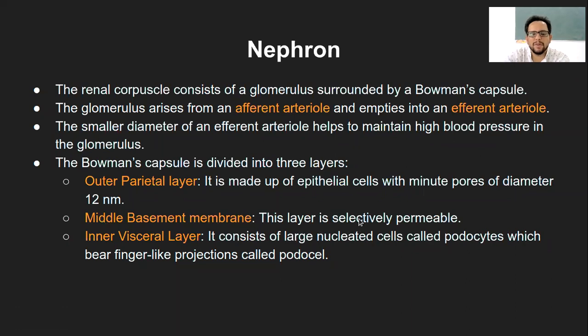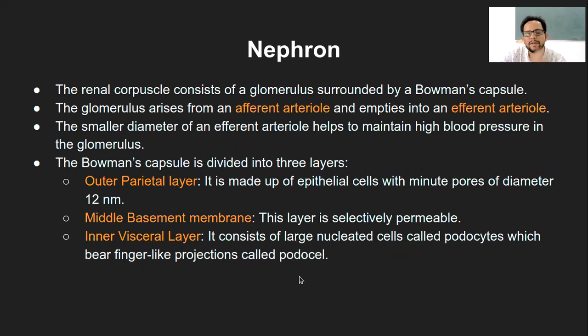If you remember, selectively permeable will allow specific molecules only to pass through it. That is what a selectively permeable membrane is, and that is the middle basement membrane. And the third is the inner visceral layer. It consists of large nucleated cells called podocytes, and they bear finger-like projections called pedicels.